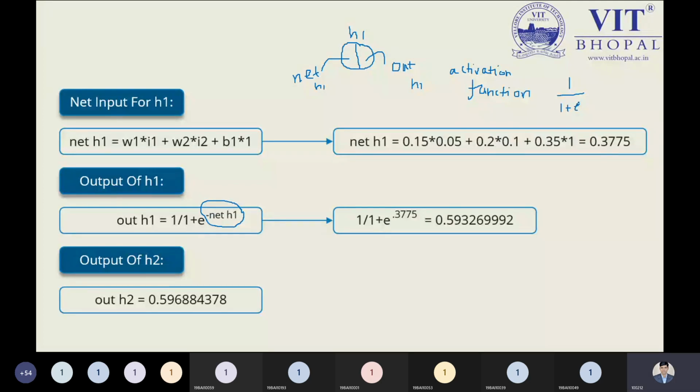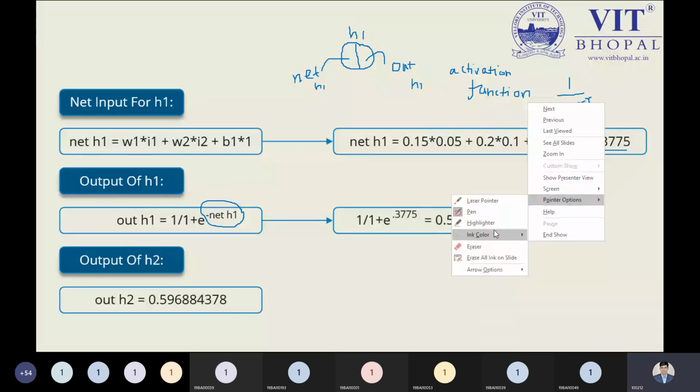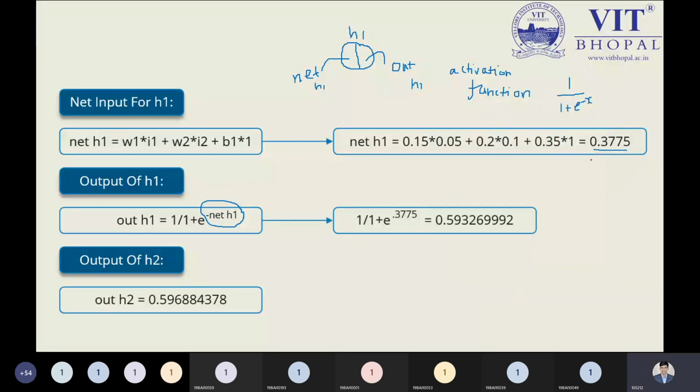And what is the x actually? X is the input value. So what is the input value? The net value, that is 0.775.